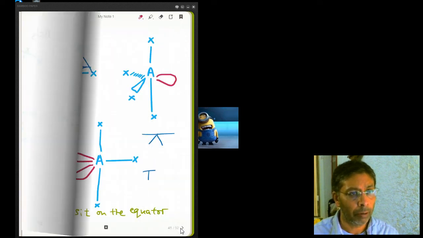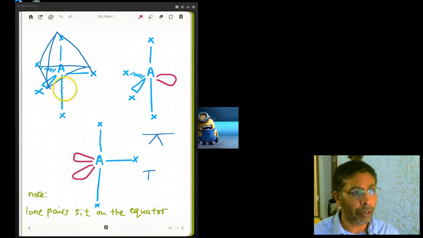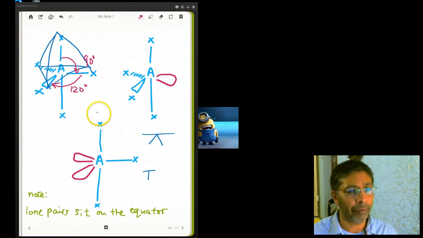Next one, trigonal bipyramid. In this one you actually have 2 bond angles. This is the only shape where you get 2 bond angles. This one here is 90 degrees, and this one there is 120 degrees. So you've got 2 different angles.